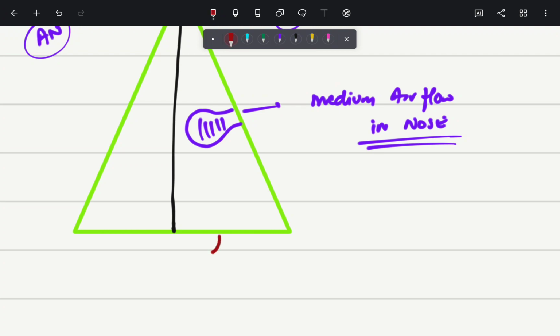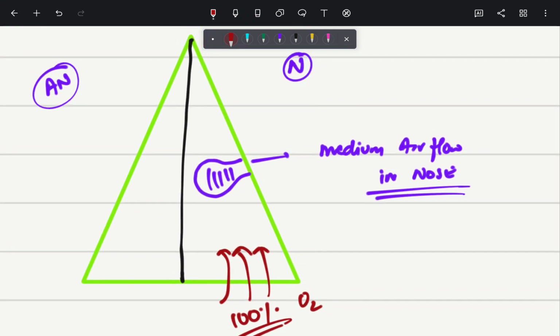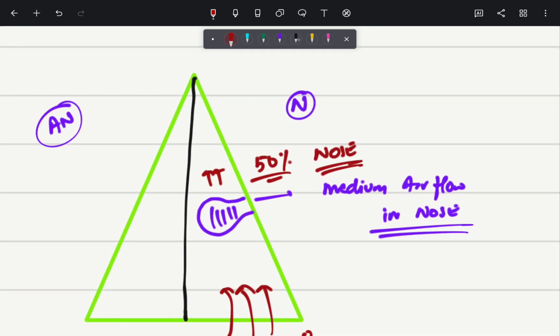Suppose, hypothetically speaking, we are taking 100% of oxygen. Out of this 100%, only 50% is reaching the internal nose, and thus it is helping to prevent the dryness of mucosa.